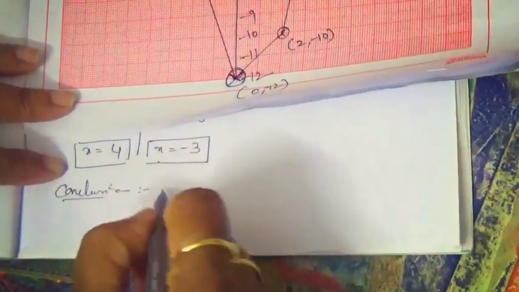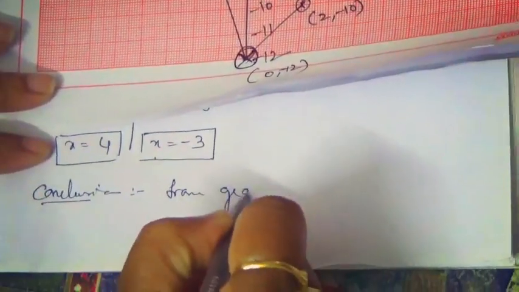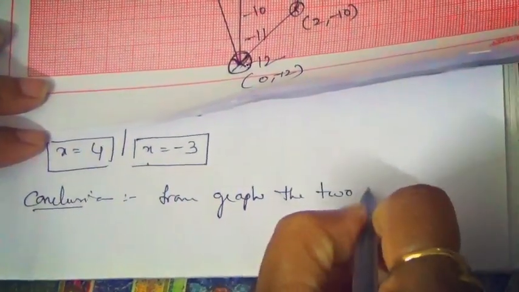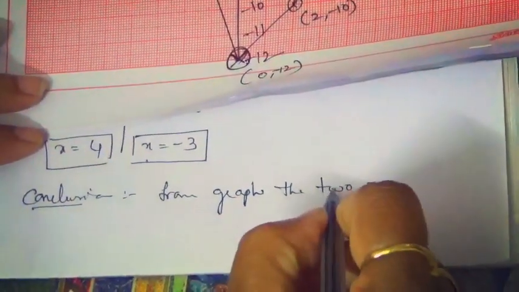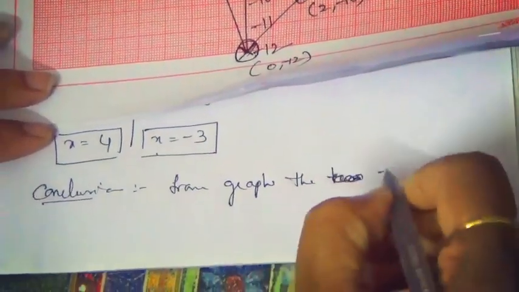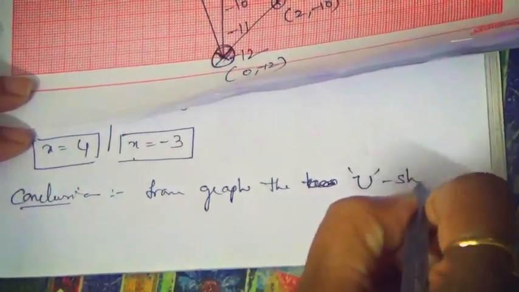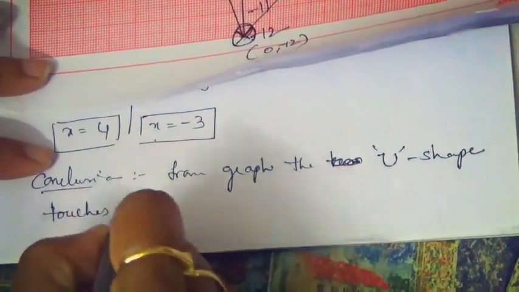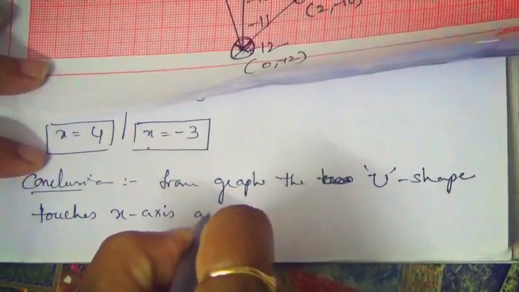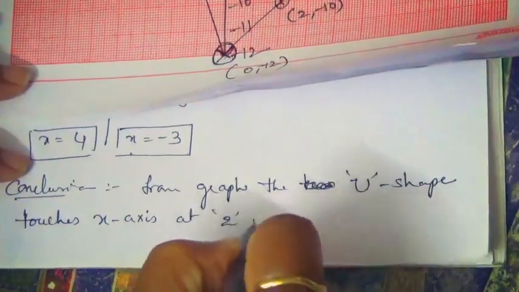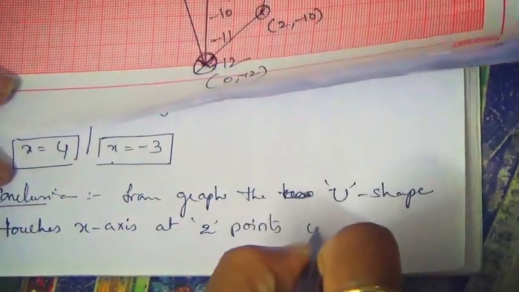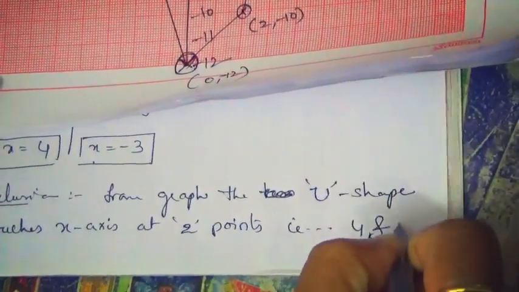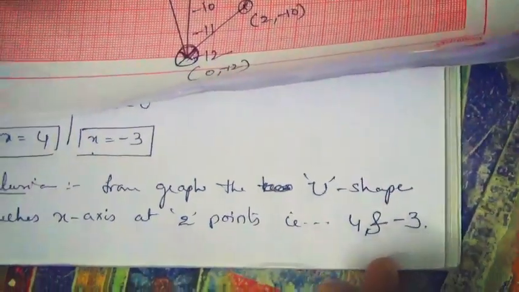From the graph, the two zeros are: the U shape touches the x-axis at 2 points, that is 4 comma 0 and minus 3 comma 0.